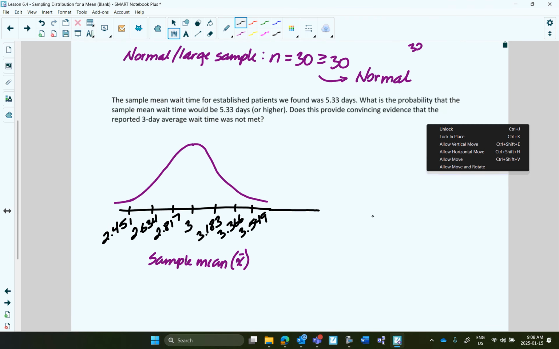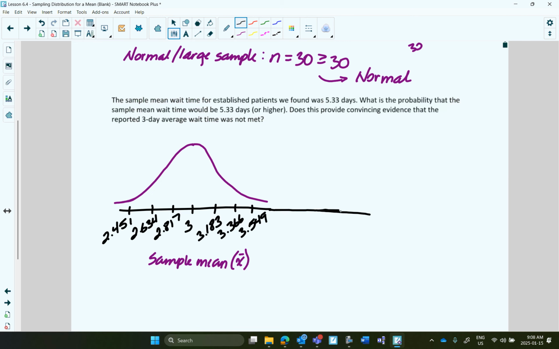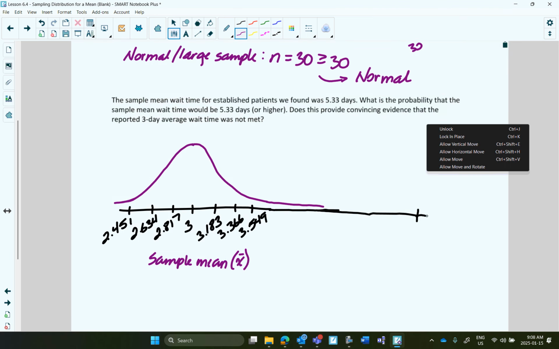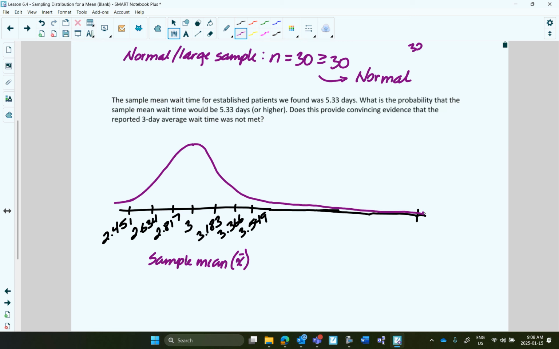We're going to have to extend this. 3.5, the distance is like that for a half, so 4, 4.5, 5, we're way out here. Which means we're looking for a really small probability.